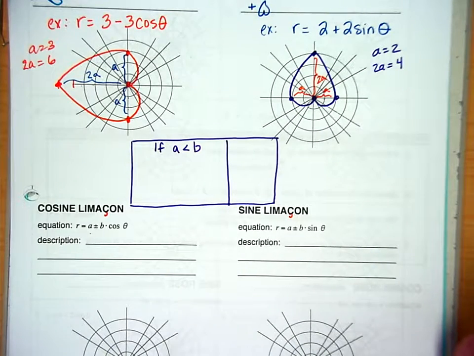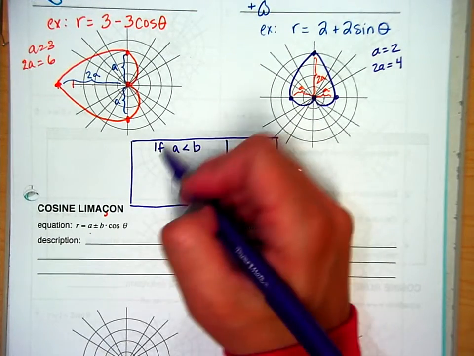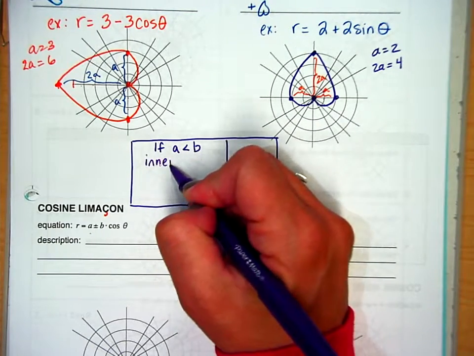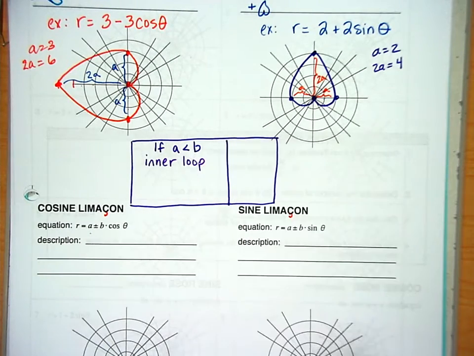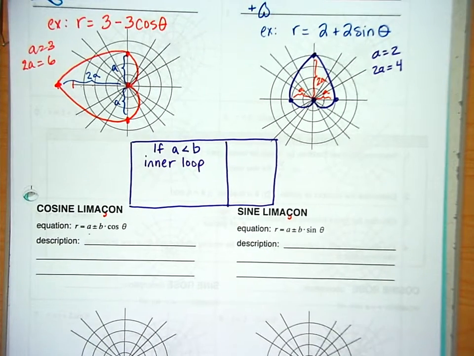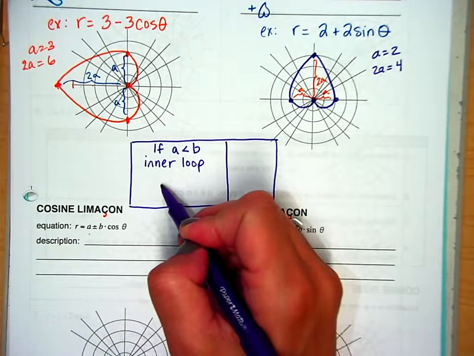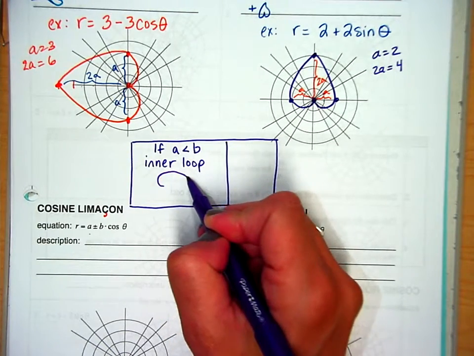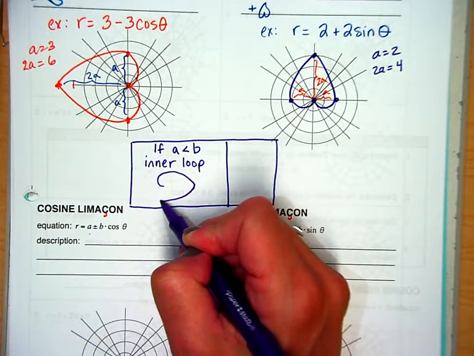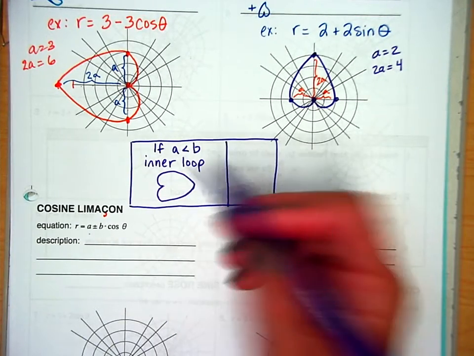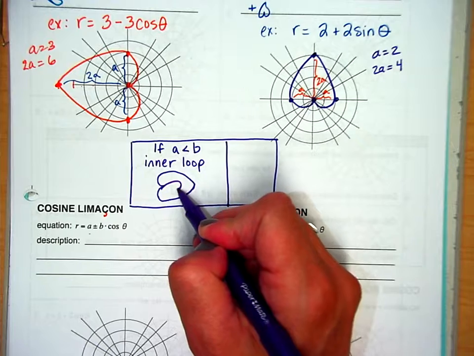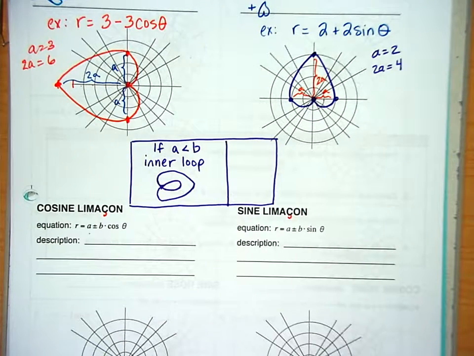If A is less than B, then you're going to get what's called an inner loop. So what your limaçon will look like, and I'll draw a cosine one, but the sine one would just go up and down instead of sideways, is that it's kind of like your cardioid, where it comes around, but then over here, instead of just dimpling in, it does this inner loop on the inside.